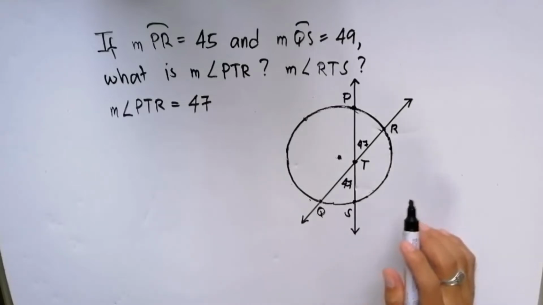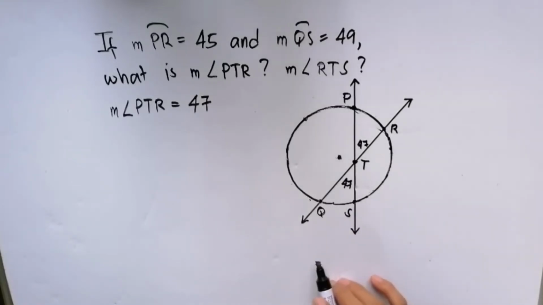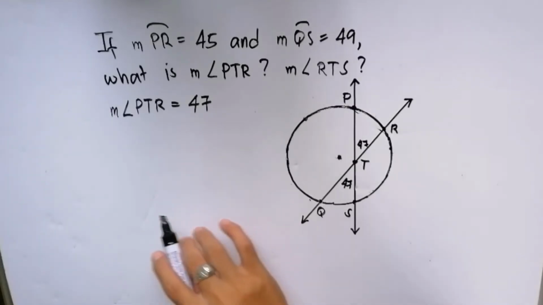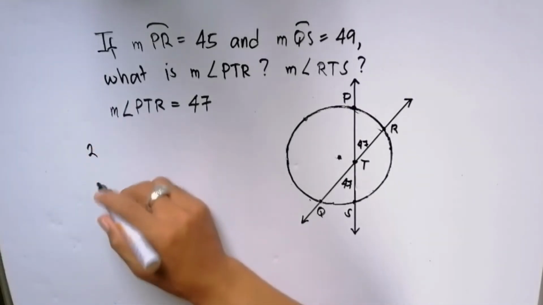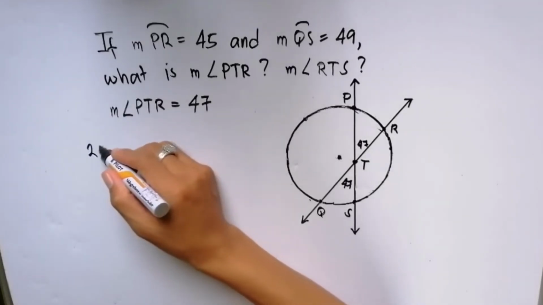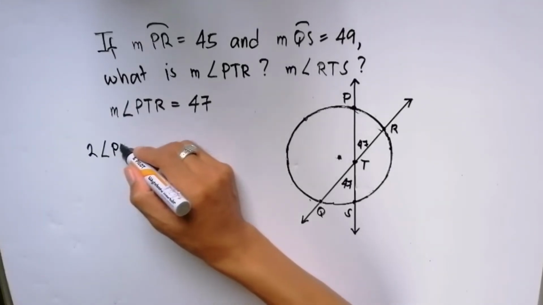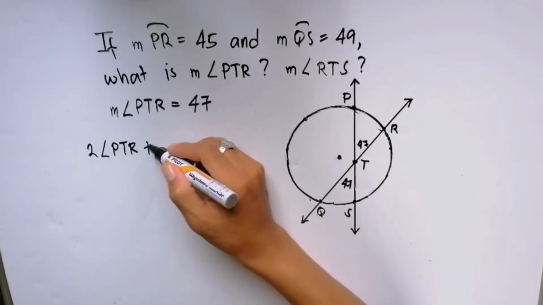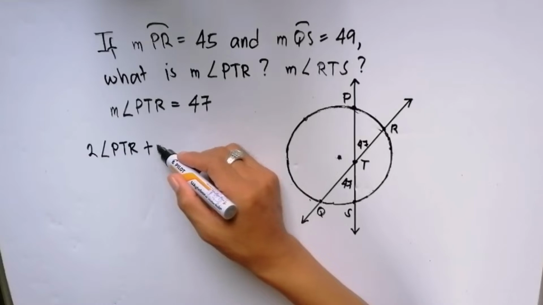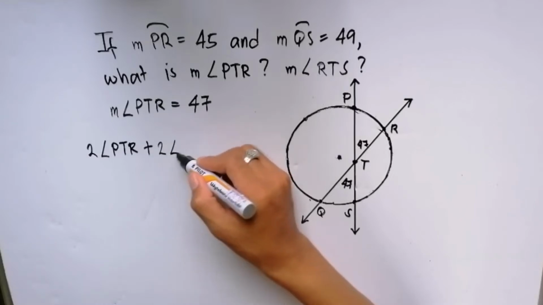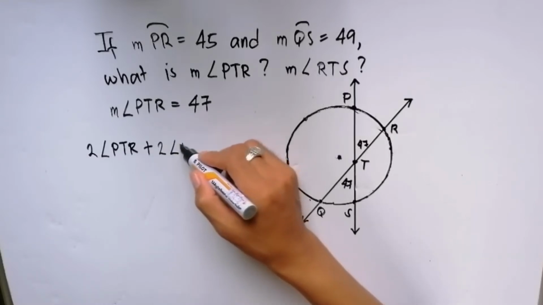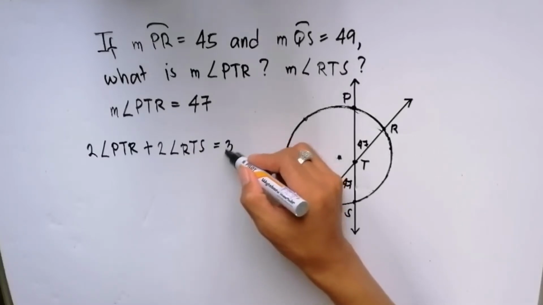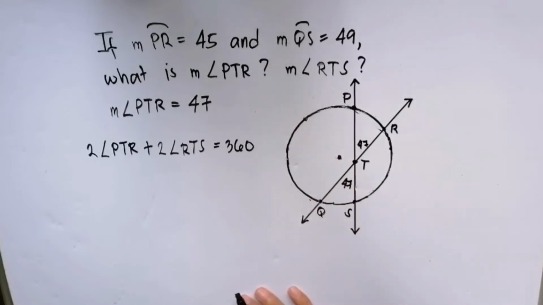Now, to get the angle RTS, twice the measure of angle PTR plus twice the measure of angle RTS is equal to 360.